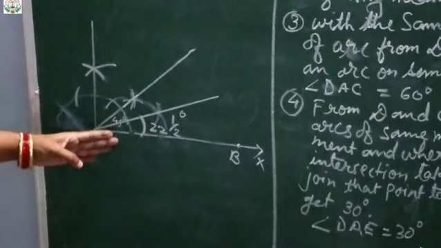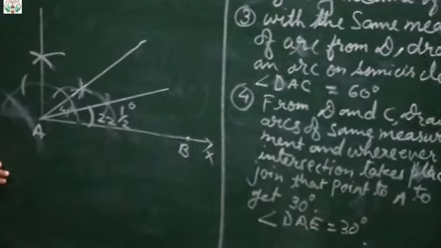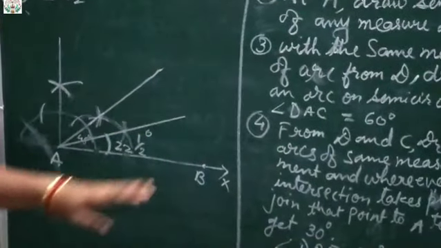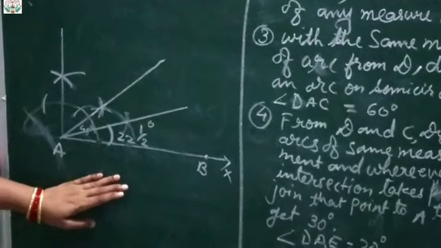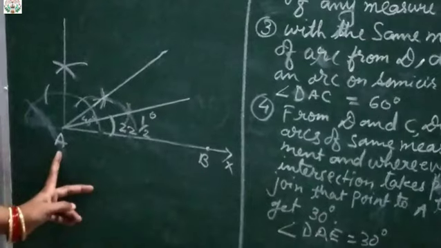Understood the construction? Now step of constructions, write of your own. Okay. Now till now you might be knowing how to write a step of constructions. So write the step of construction for this. For this first step what you will write? Take a ray AX. Okay.